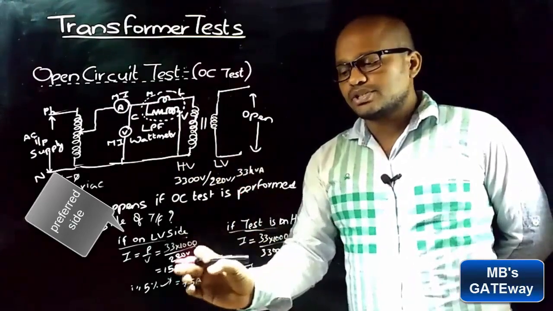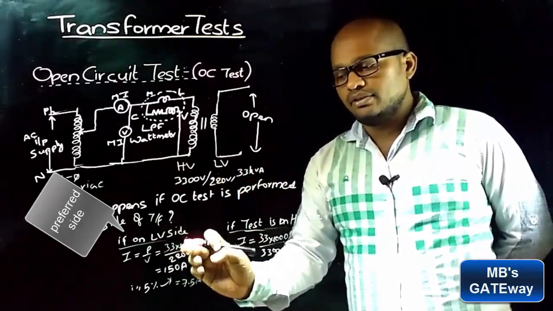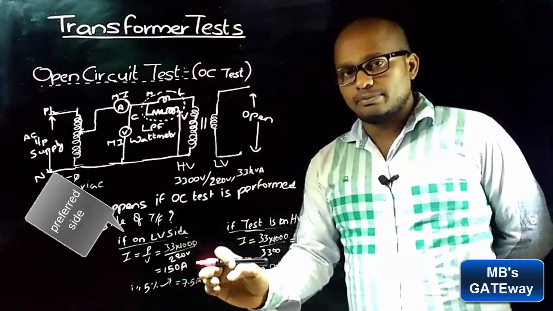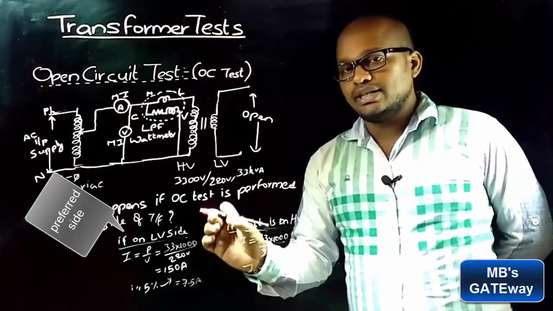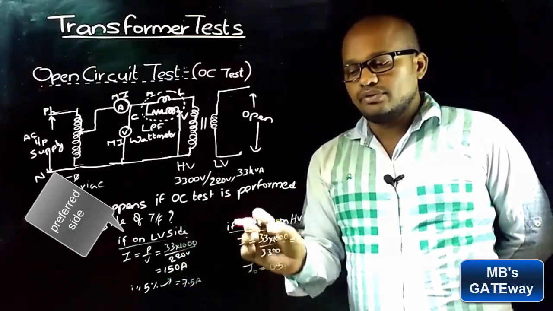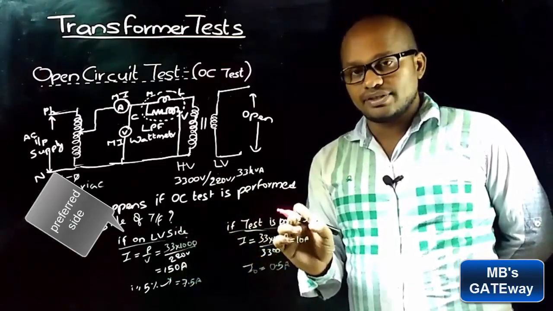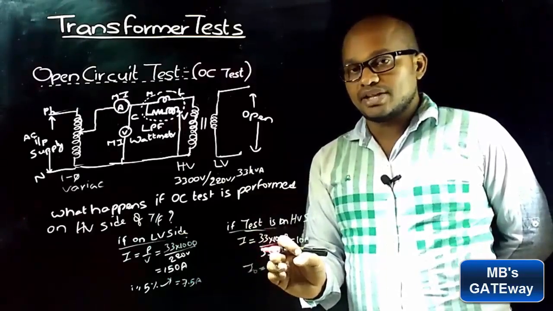Coming to the no load current I0, if the test is performed on the LV side, we get a current of 7.5 amperes. As this value of current can be measured with readily available meters, the accuracy is good. But in the case of the test on the HV side, the no load current is 0.5 amperes and this value can't be measured accurately.